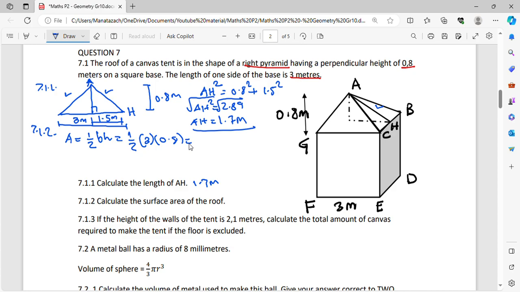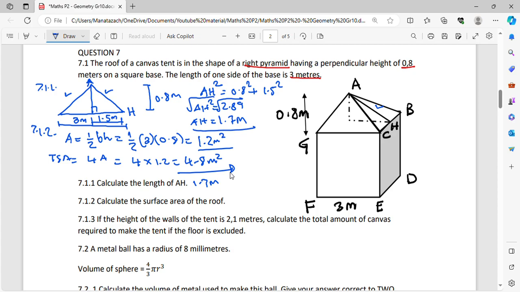The area is 0.8 times 3 times half, 1.2 square meters. So the total surface area is going to be 4 times the area, since there are 4 faces. It's 4 times 1.2. The answer would be 4.8 square meters. So that's the answer for question 7.1.2.